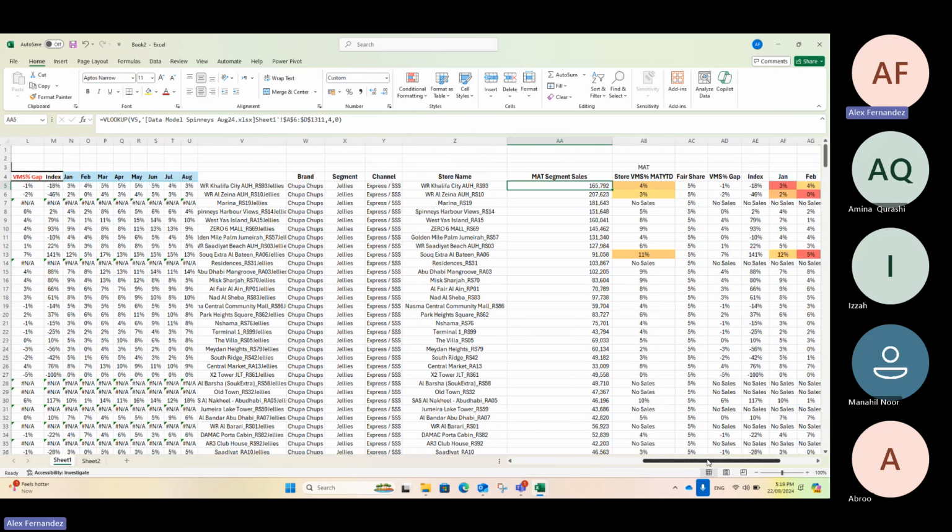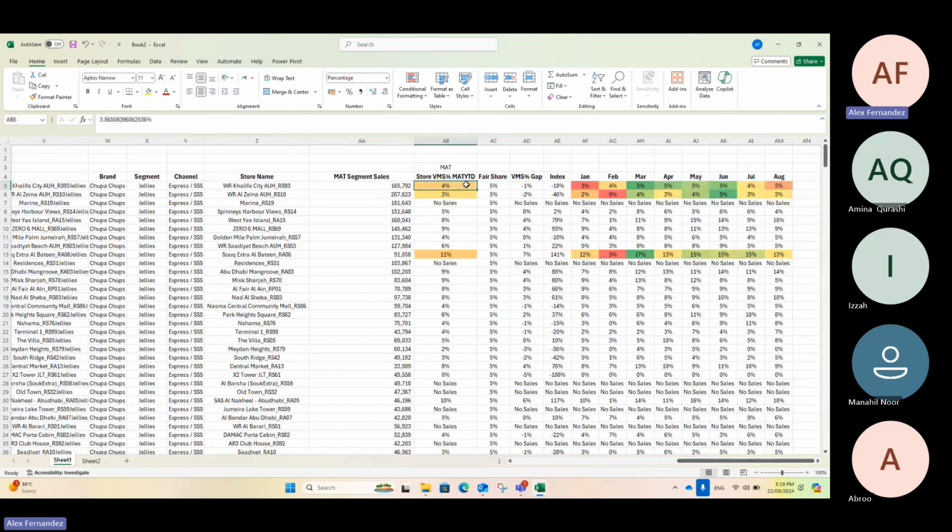And if they currently have 4% market share, this means how much, guys? Equal 4%, simply 4% times this number. So they are selling on average around 6,400 dirhams per month to the store.